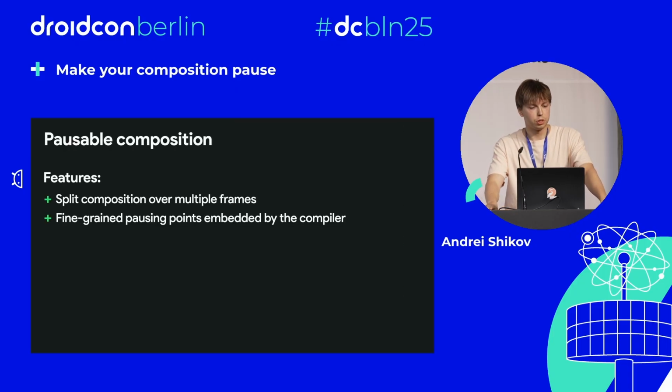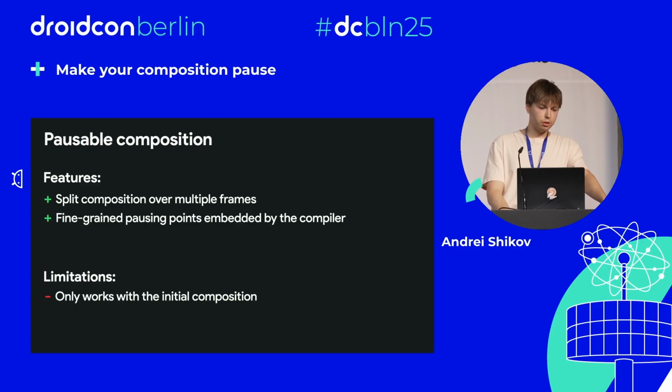So pausable composition allows us to split composition over multiple frames. It has these fine-grained pausing points that are embedded by the compiler for you. You don't have to do anything. It's enabled by default if you upgrade to recent enough versions of the dependencies or Kotlin compiler. A limitation here: it only works with the initial composition, just in the way the API is structured.